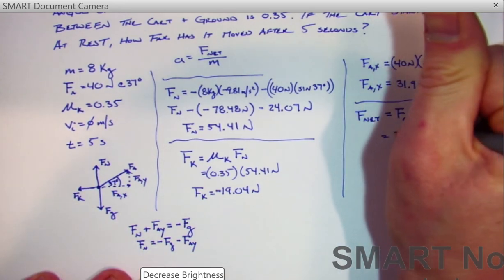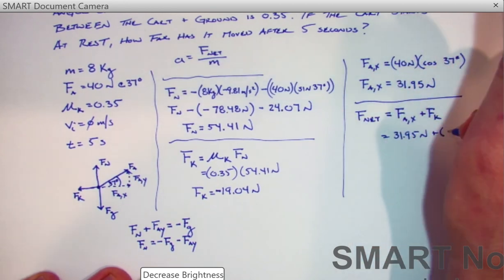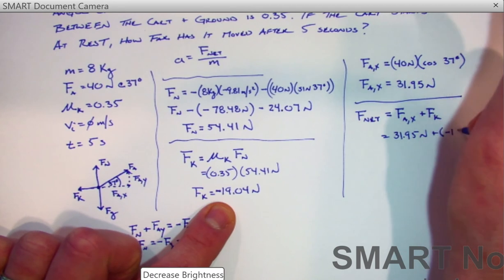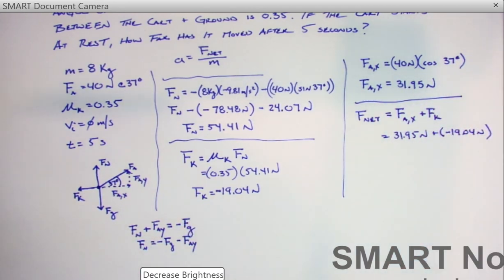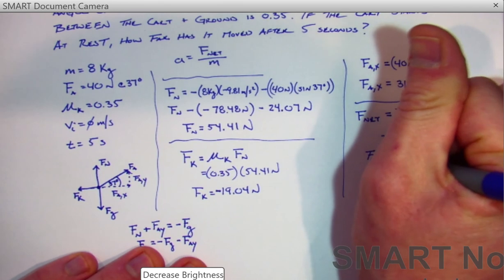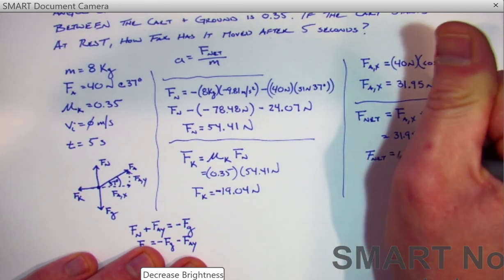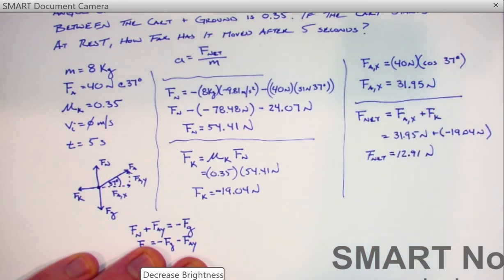So 31.95 newtons plus negative 19.04 newtons. That tells me the net force on this is 12.91 newtons. Okay, that's good.